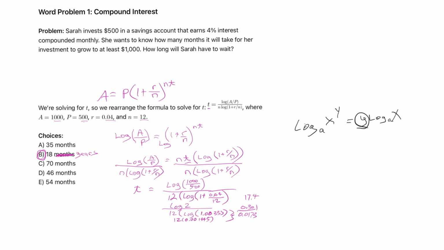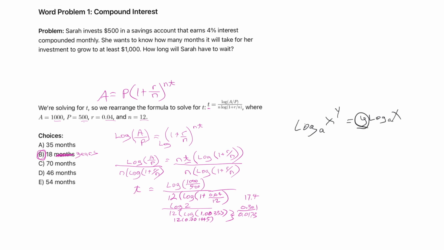So what we're going to do is rearrange this formula. I take the log of both sides, and then I'm going to divide by the log of 1 plus R over N, moving it to the other side. And I end up with their formula. Now that I have their formula, I am able to put the numbers in.